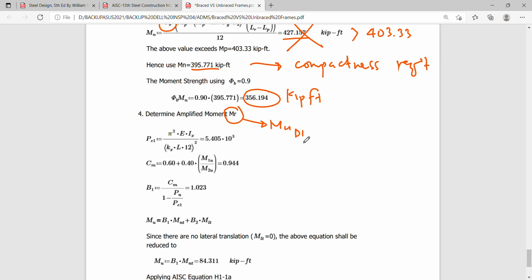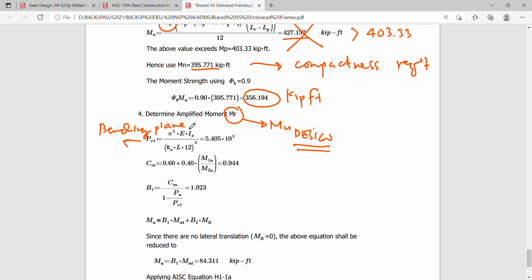Okay, so this will be equivalent to the MU that you're going to use in your design. Okay, so first we compute for your Euler buckling load, PE1.